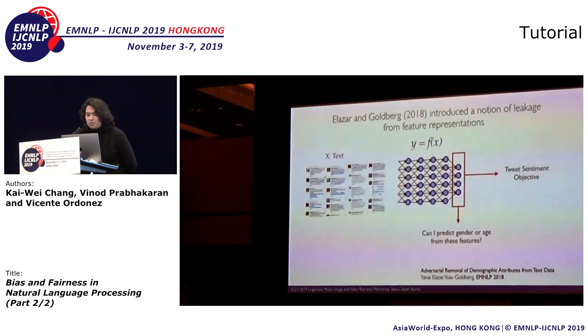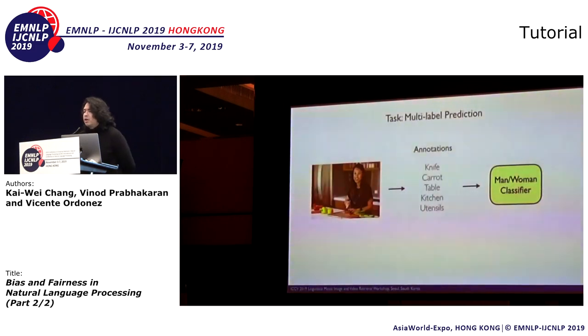So we took this idea to the vision domain, where the objective is to tag an image with a set of words. Here we have an input image, and these are the annotations of that image. These are the true labels for that image in the data set. We did something different here. We took the labels, and these labels don't include person. They don't include men or women or anything like that. They just include objects.